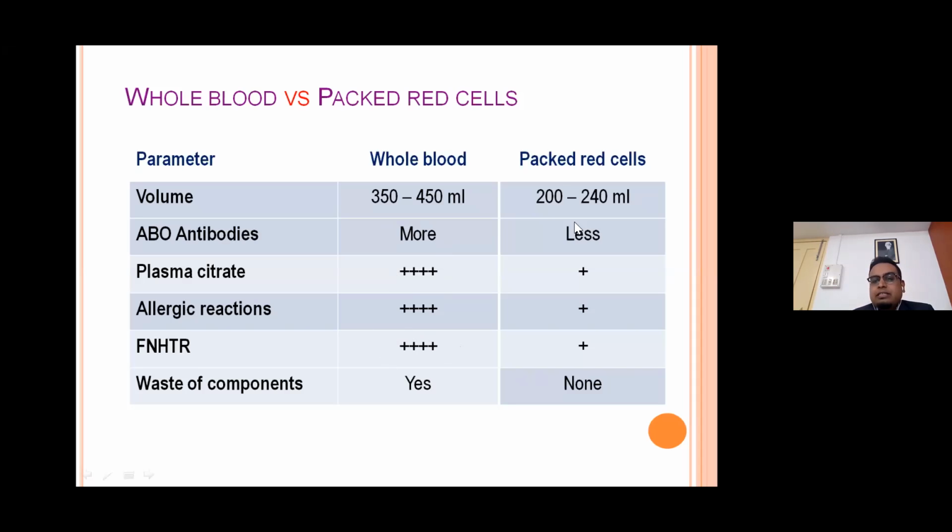Since packed red cells are devoid of plasma, these complications are less with packed red cells. That is why packed red cells are superior to whole blood.